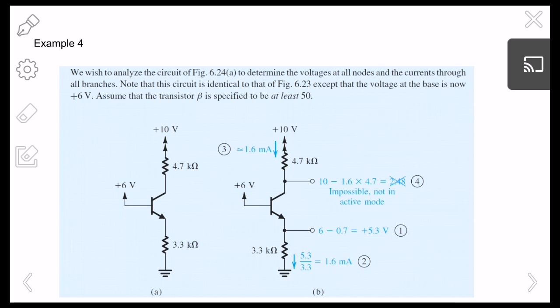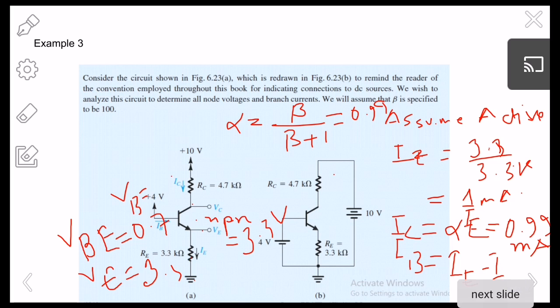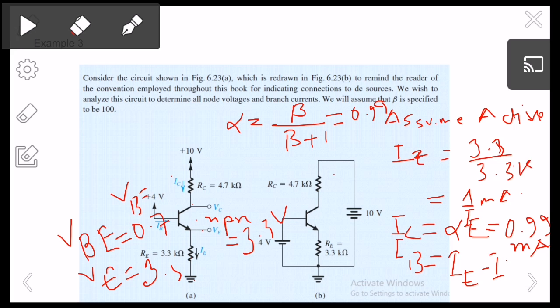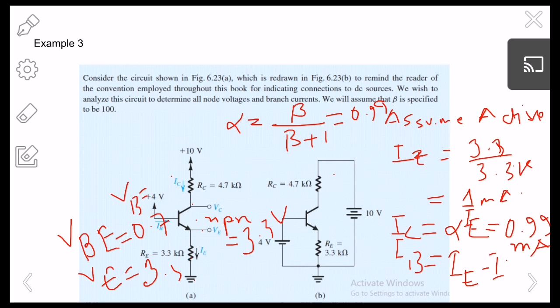You just do this calculation here. So IE minus IC would be 0.01 milliamp.